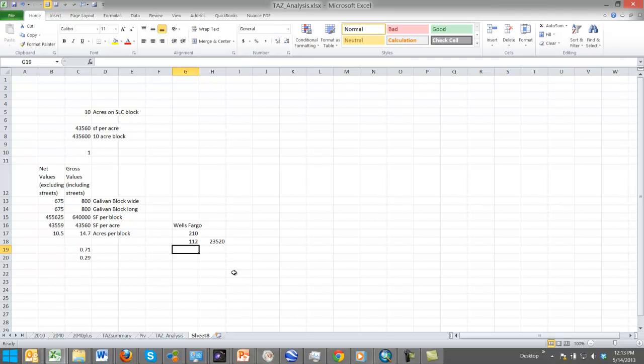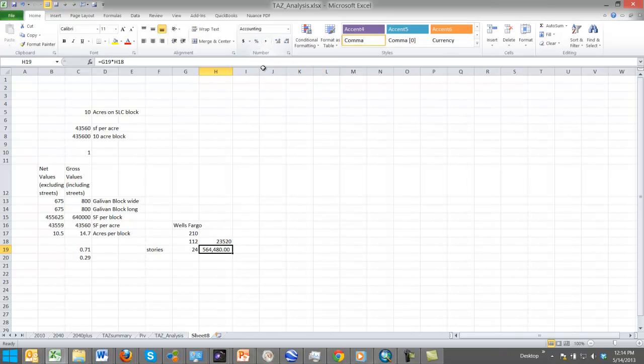That one might be 23 or 24. Let's say it's 24 stories. And that means that it would be, that's 500,000 square feet is roughly the size of that building.